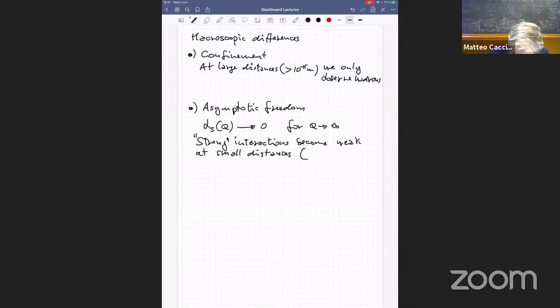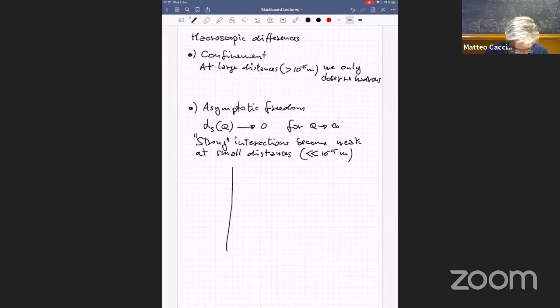And again, by small, I mean much less than 10 to the minus 15 meters. Okay, so they are stronger where they need to be strong to keep a proton together, probably. Again, there is no proof for confinement. But then, as you go and probe smaller and smaller distances, they become weaker and weaker.